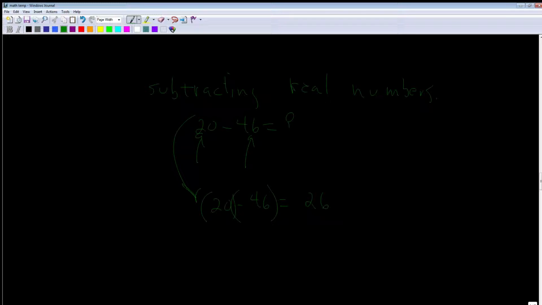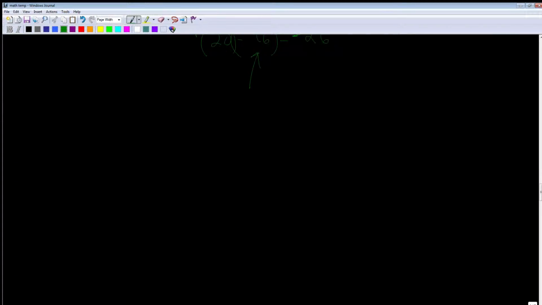Which constant is the greater value? 46. So that's going to be negative 26. 18 minus 24. That would be 6. Which is the greater constant? 24. Your answer will be negative 6.